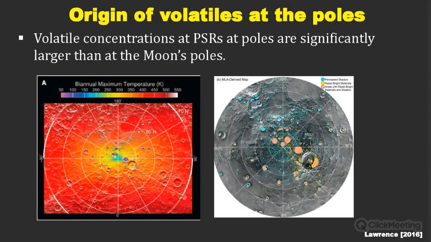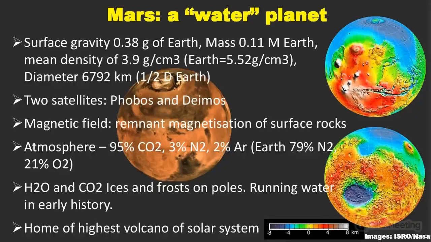So this was another surprise, that the size of these PSRs is large compared to the Moon, and it is expected that these areas may have volatile concentration, just similar to what we are seeing in the case of the Moon. So this was a very surprising result from Mercury.